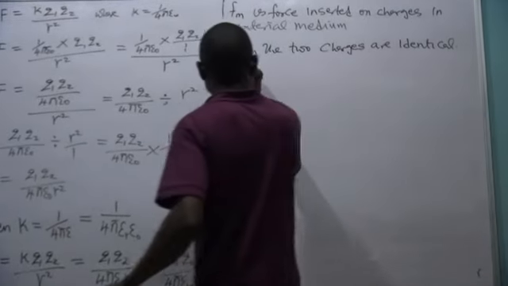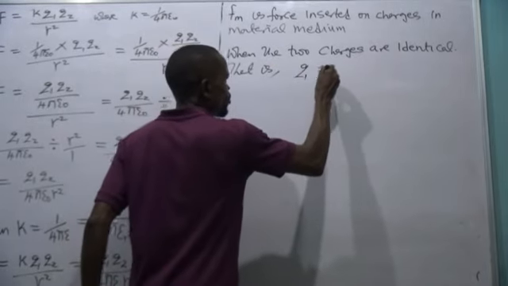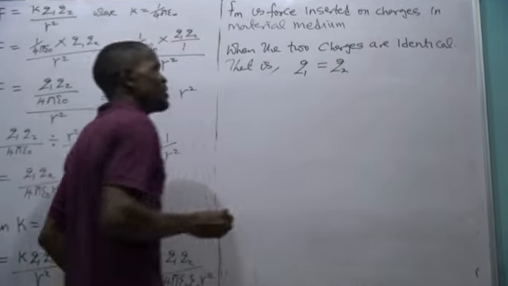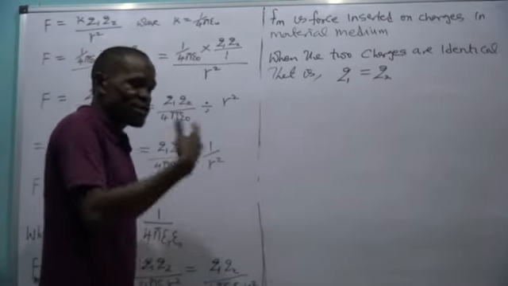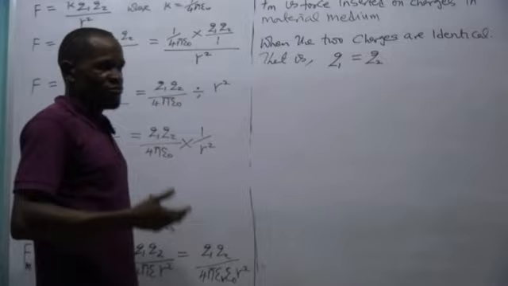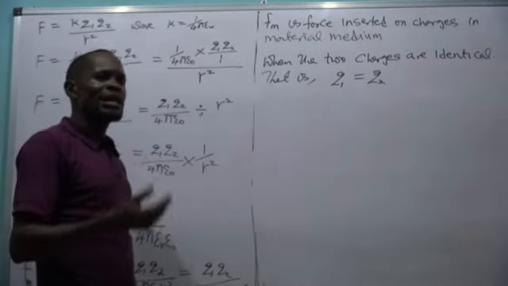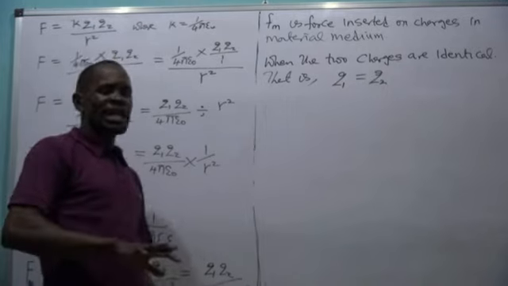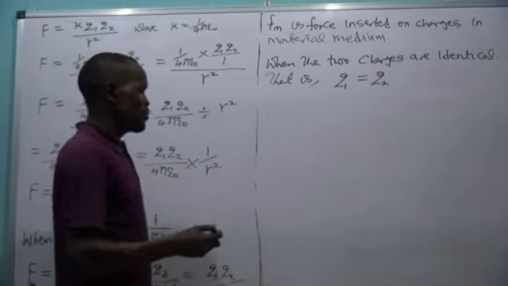That is, Q1 is equal to what? Q2. That means they are identical. They are equal charges. Equal charges means identical charges. For instance, electron and proton. Electron and proton are equal charges, and opposite in sign. Electron is negative and proton is positive.